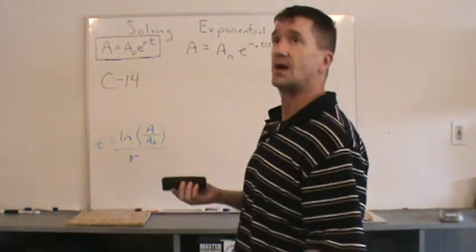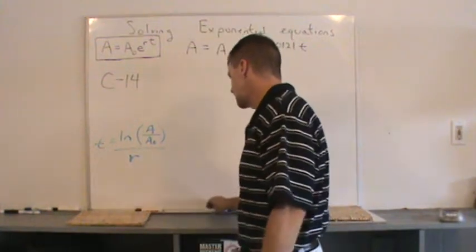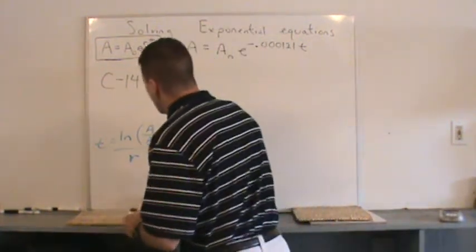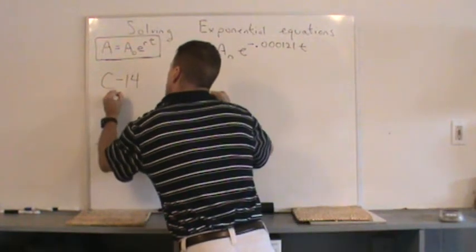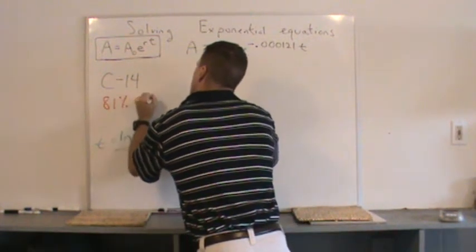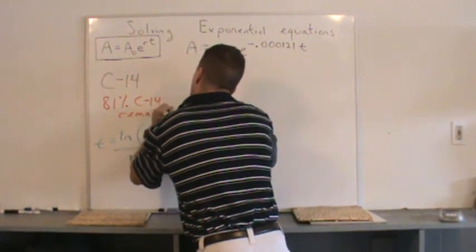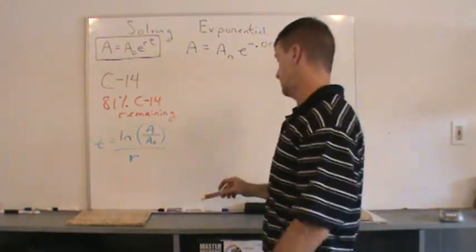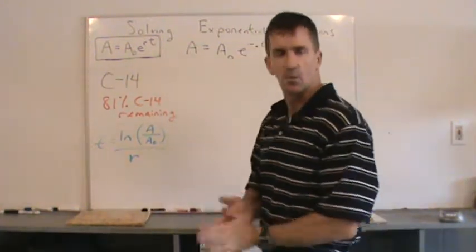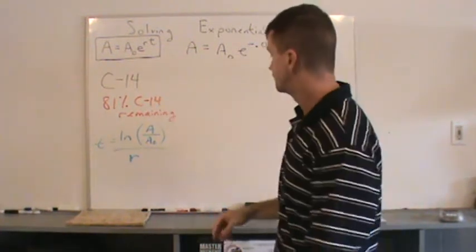So let's say an artifact was discovered by some archaeologists. And scientists took it back to the lab, and they realized there was 81% carbon-14 remaining in that artifact that they discovered. And we're going to estimate the age of this artifact.